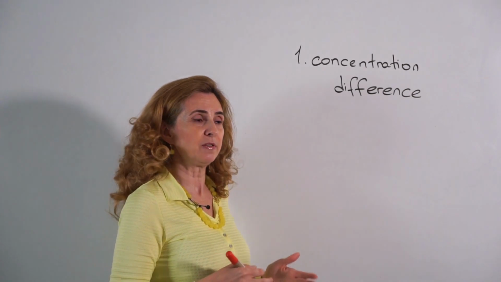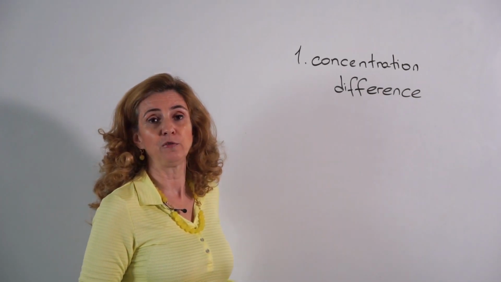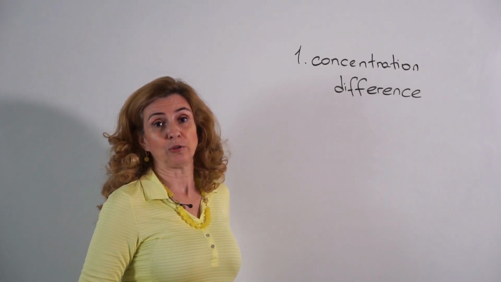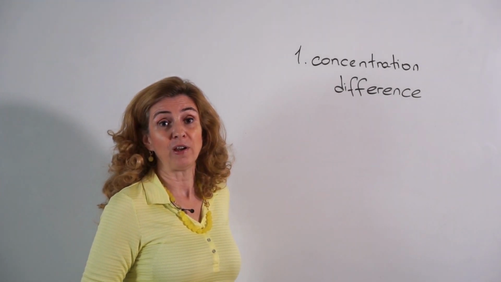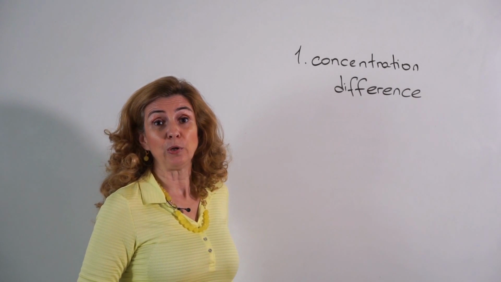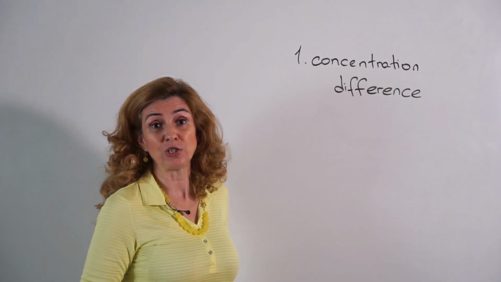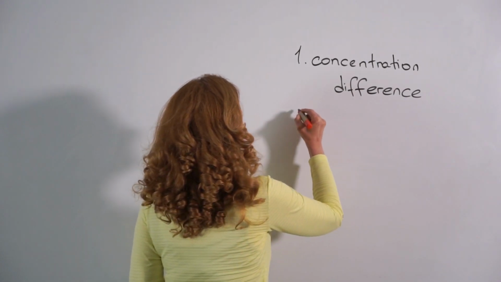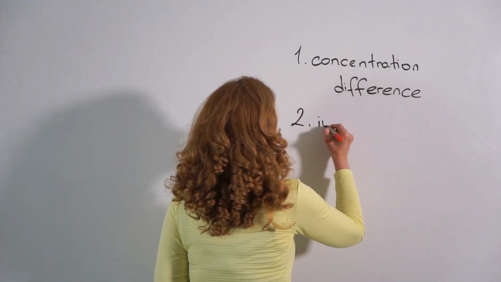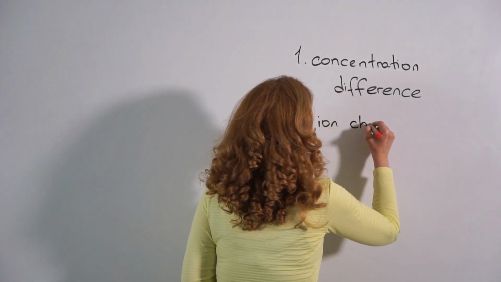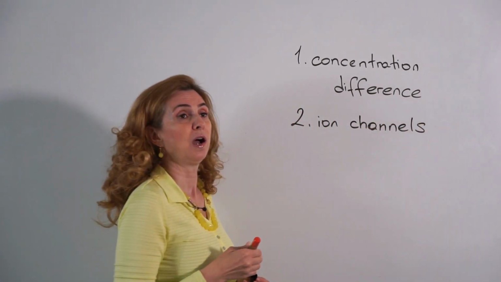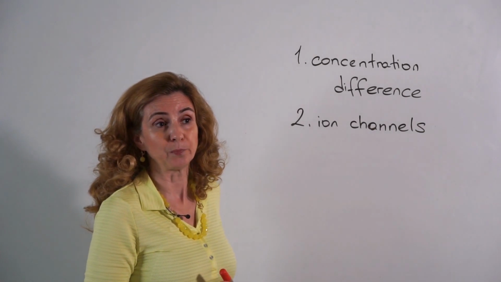Under the effect of this chemical force, the ions will try to cross the membrane. However, they cannot, because we need a second condition for ions to be able to pass through the membrane, and this is the presence of ion channels, specific for the ion that we are talking about.